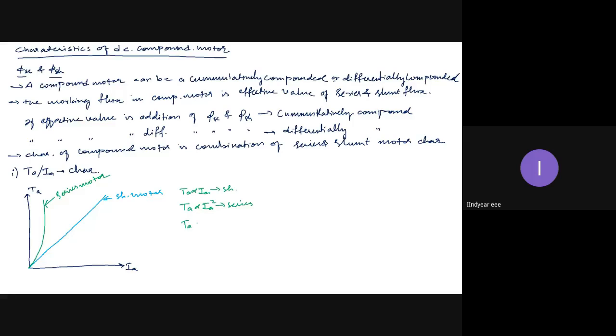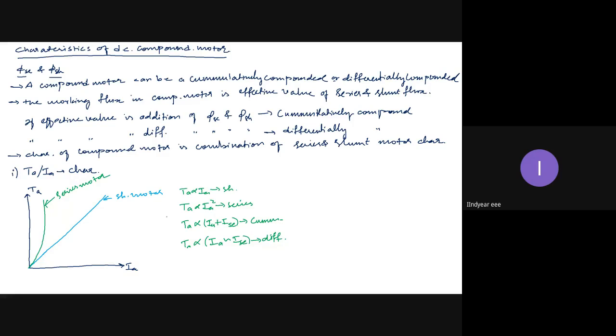TA is proportional to IA plus ISC in cumulative, and TA is proportional to IA minus ISC in differential. Okay.